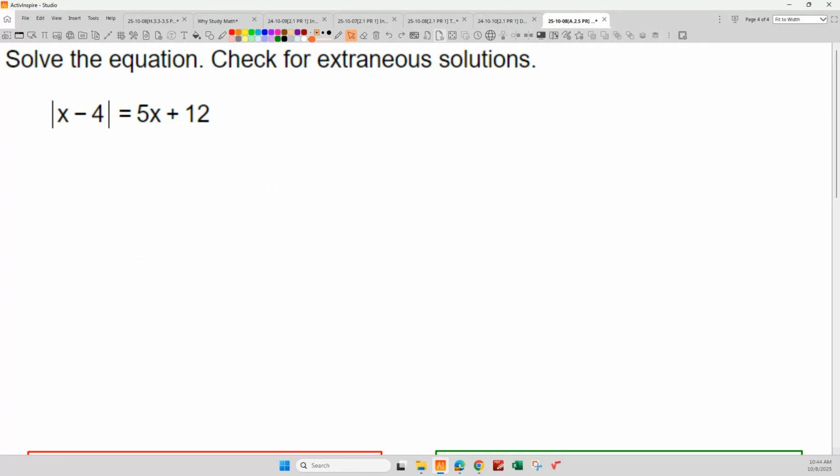Look ahead here, be a chess player. Look ahead and see if you can anticipate some things about this. When I split this into two equations and solve, it's possible I might get values of x that when I plug them in, make that right side negative. Is that going to work?